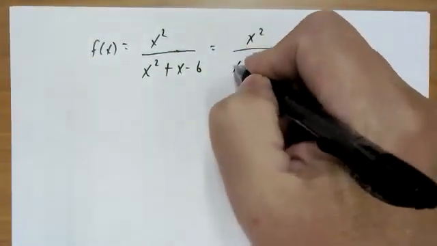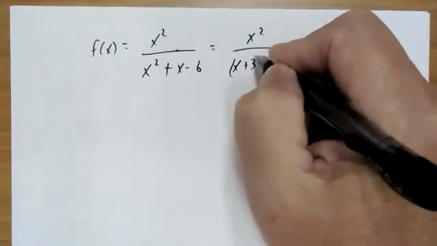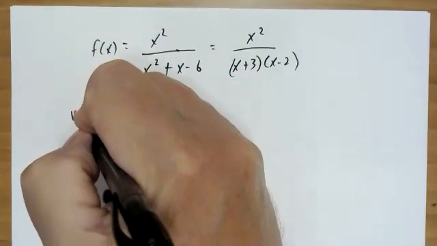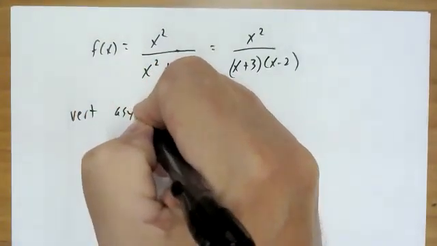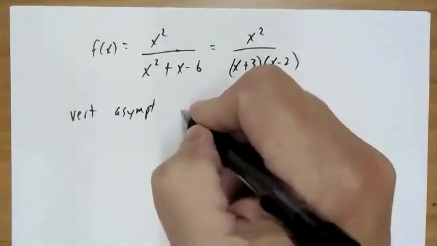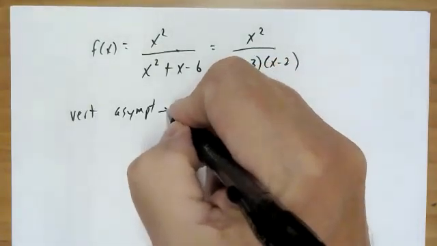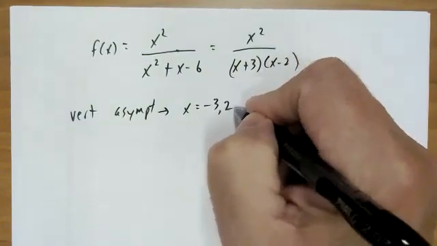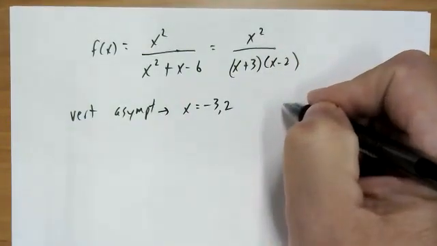And it turns out it factors into x plus 3 times x minus 2. So in this case, I'm going to have 2 vertical asymptotes: x equals negative 3 and x equals 2.